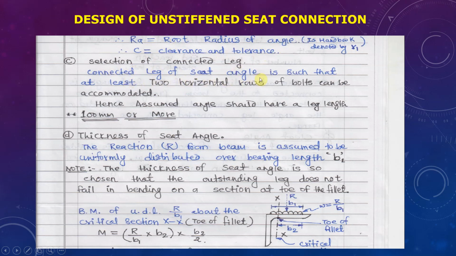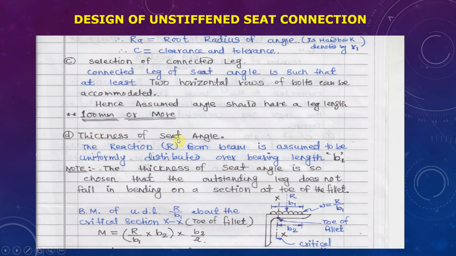The connected leg of a seat angle is such that at least two horizontal rows of bolts can be accommodated. Hence the angle should have a leg length of 100 mm or more if our bolt diameter is 16 or 18 mm. Sometimes if the diameter is 20 mm, you can provide a leg length of 120 or 150 also.